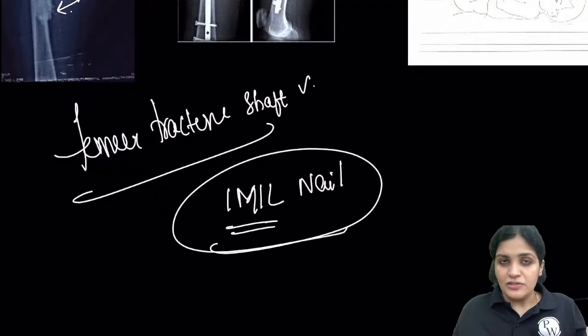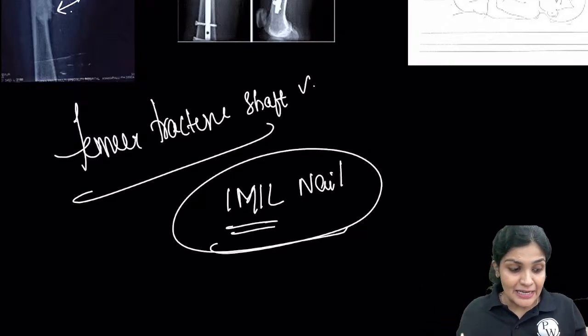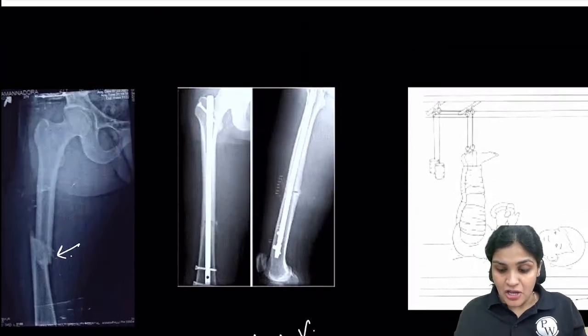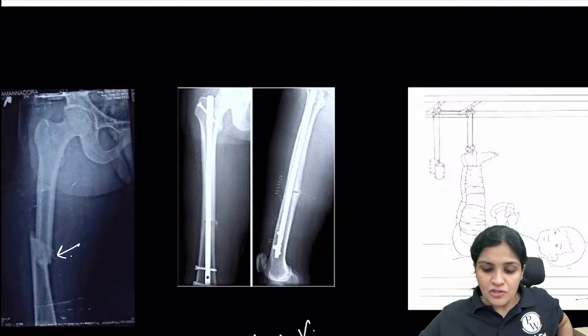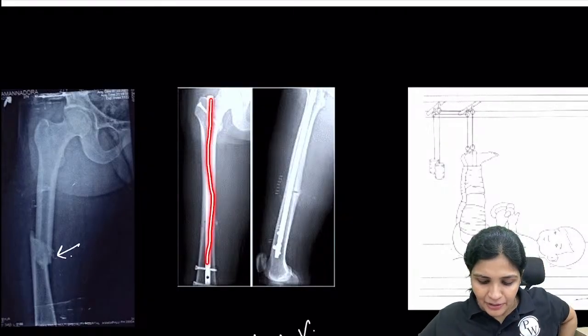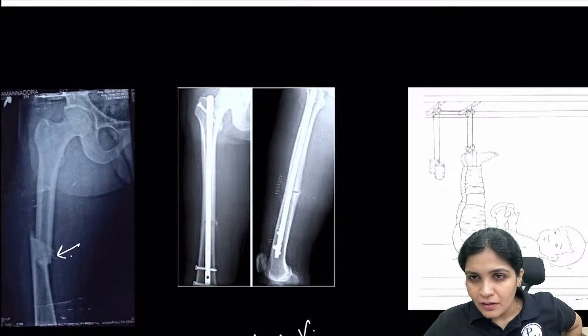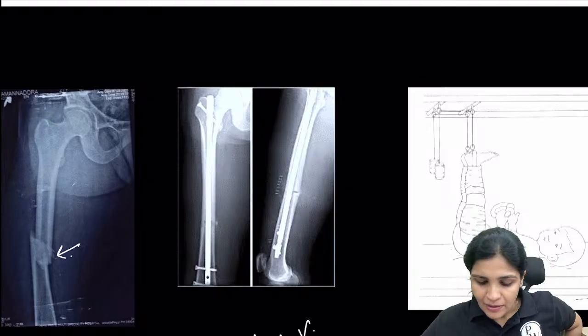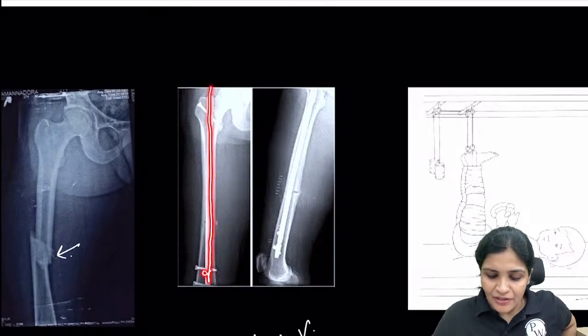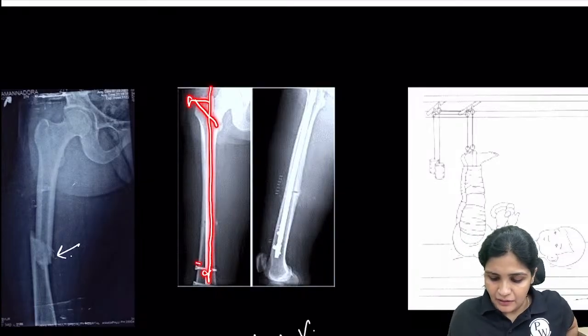That was the proximal femoral nail. This is an intramedullary interlocking nail. So what do you mean by intramedullary? We are putting the nail inside the medulla, and we are locking it above and below.